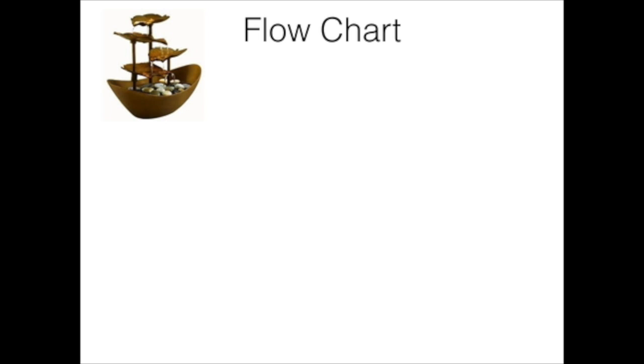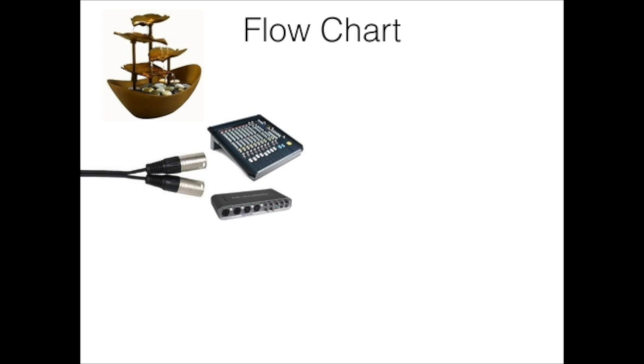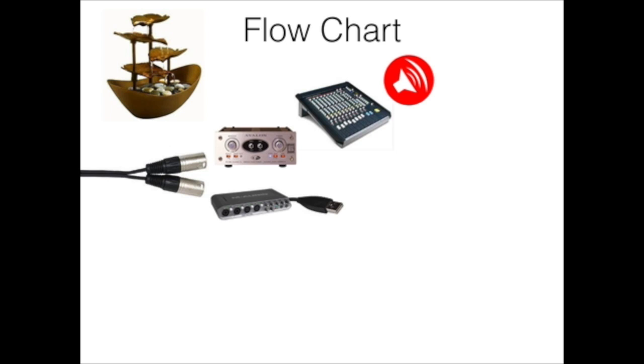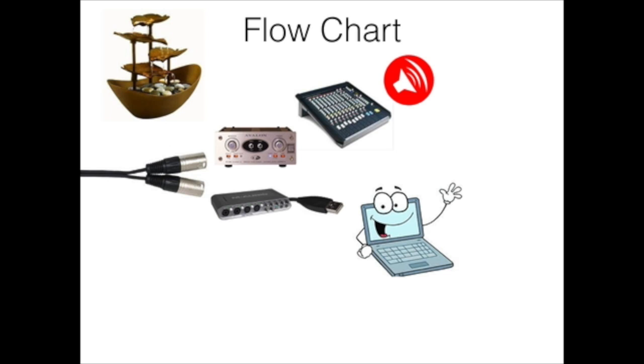All right, so let's look at a flow chart. Coming in from your sound source, from your microphone, it could plug in either to a mixer or a USB. And so if you want live sound, you probably do some kind of amplification and then that would be your live sound. Or you could hang a right and then go into a USB interface, and that USB interface plugs into your computer via USB.